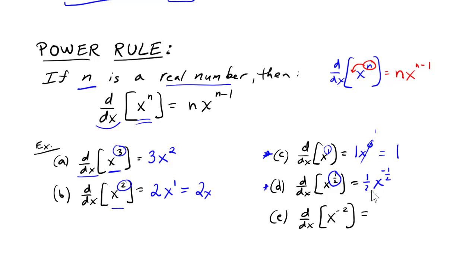Okay, and what you're going to see is that with derivative taking, we often prefer rational exponents as opposed to radicals, and also we prefer negative exponents.